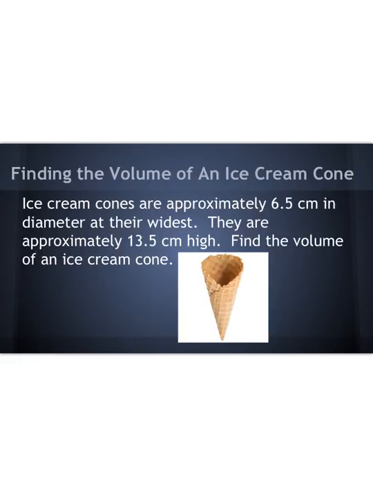Let's try again, this time using an ice cream cone. Remember that our formula is volume is 1/3 times pi times the radius squared times the height. Ice cream cones are approximately 6 5/10 centimeters in diameter and 13 5/10 centimeters high, and I would like you to find the volume of the ice cream cone.